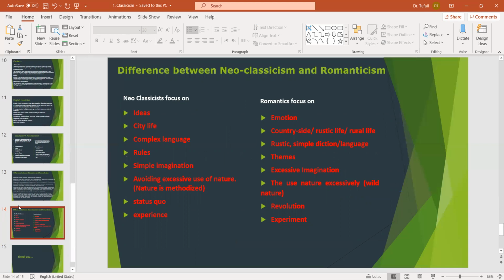The neoclassicists focused on ideas and city life, whereas the romantics talked about emotions. Classicists talked about city life; romantics talked about the countryside, rustic and rural life. They talked about rules; the romantics talked about themes. For the classicists, simple imagination; for the romantics, excessive imagination. With the help of excessive imagination, they invented unusual and very peculiar things. The classicists avoided excessive use of nature, but nature was excessively used in its wild shape by the romantics.